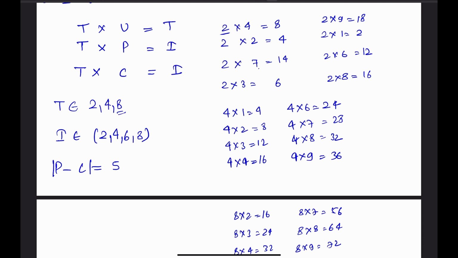So 2 into what? I will get last digit as 2. 2 into 1, so U could be 1 or U value could be 6. So nothing much I'm getting from here.